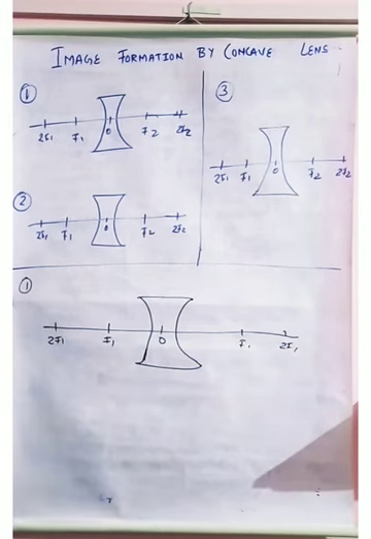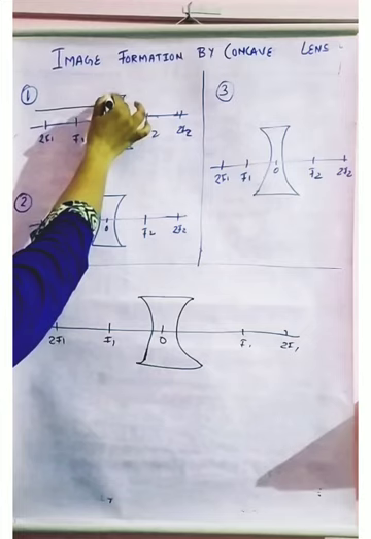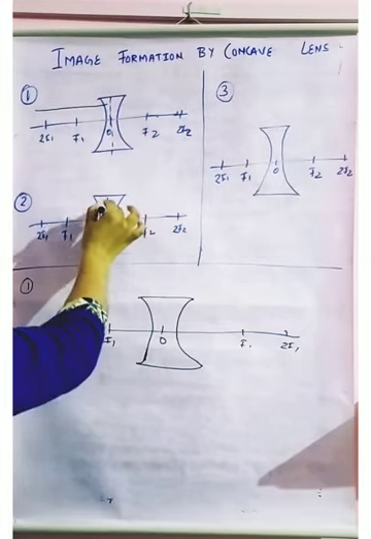Okay, before I go to it, we have to understand the rules. In the previous class I have already provided the notes for this, but again I am revising and you can see it. First, the case when the ray moves parallel to the principal axis. This will be my principal axis.